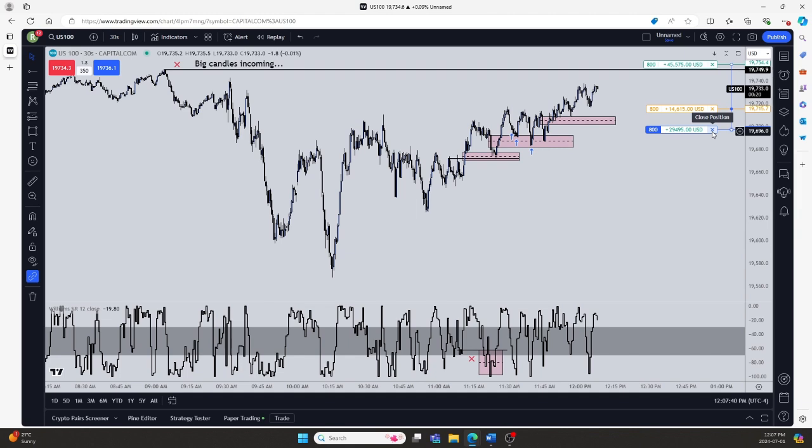Still yet to see that displacement. So notice how we have that balanced price range here.